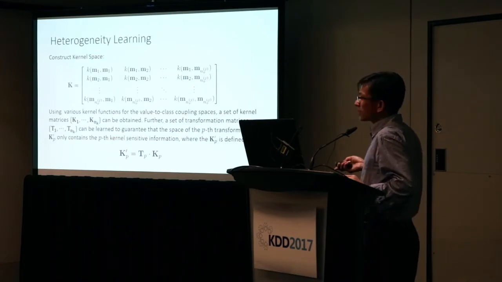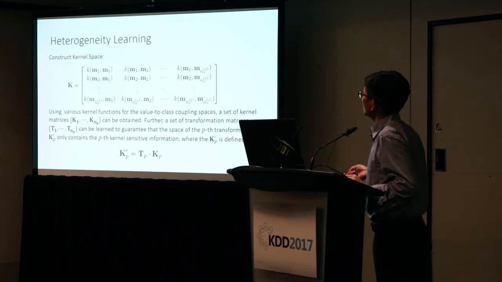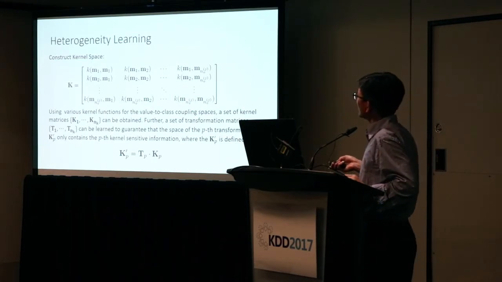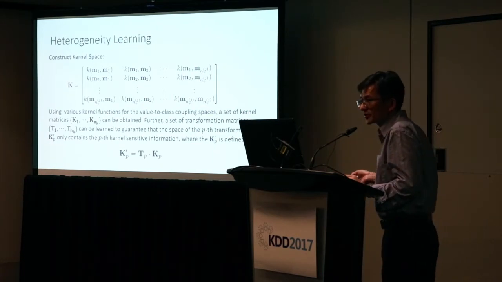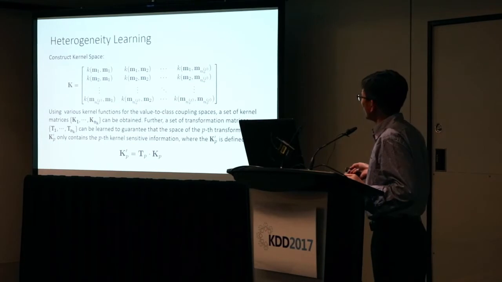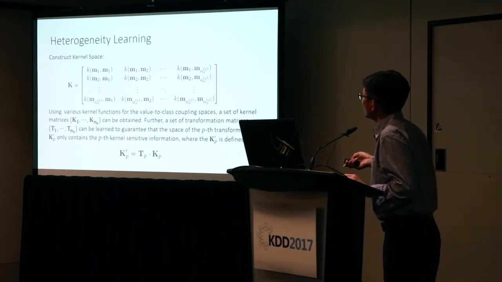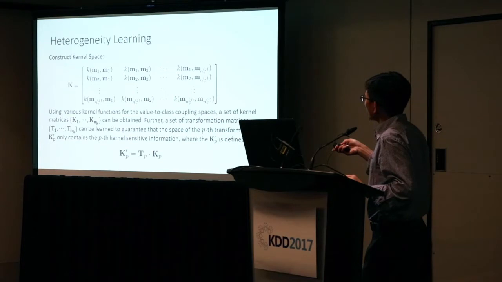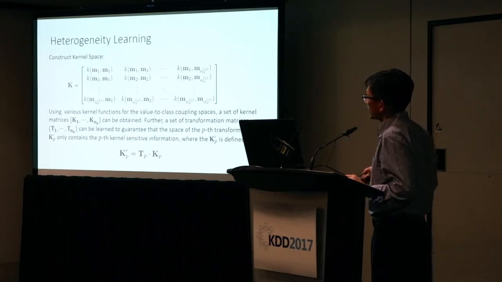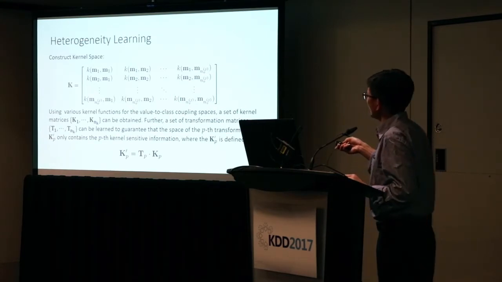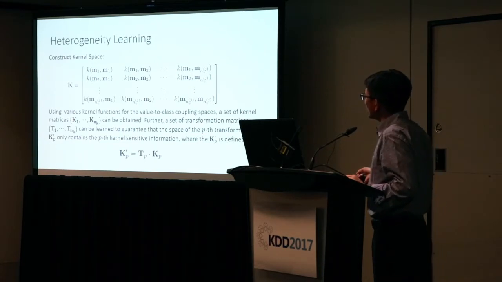And then another task is heterogeneity learning, to learn the heterogeneity. What we did is convert the earlier outcome to a kernel space, and this is actually a kernel matrix, but high dimensional somehow. So the diagonal represents the similarity for the intra-attribute, and the interaction between the attributes represents the other attributes in this kernel space.